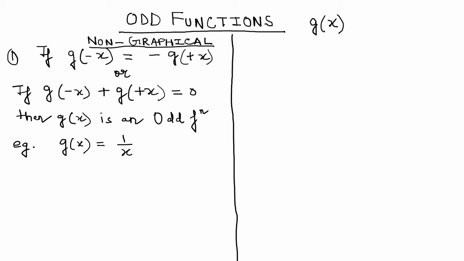So if you recall, we have always been talking about the importance of the domain and range, and here you are comparing their ranges. What we are trying to say is, if g of minus x, where you are operating on the negative domain of the function, is equal to minus times the operation on the positive domain of the function, then the function behaves like an odd function.